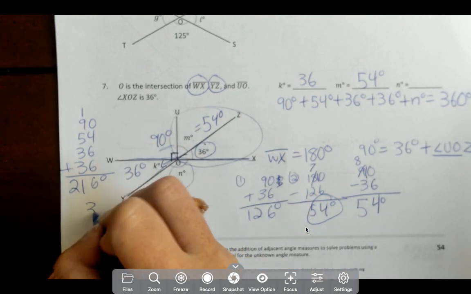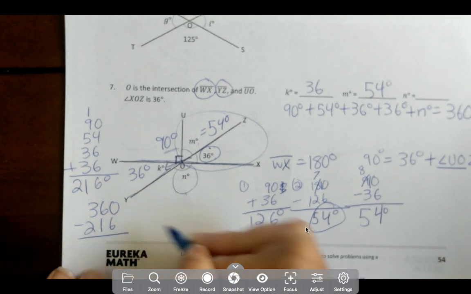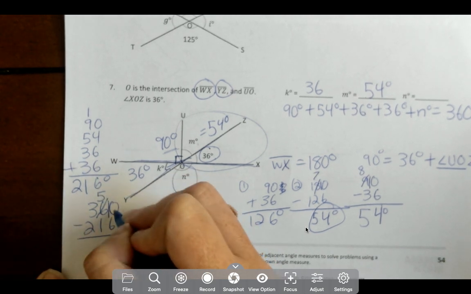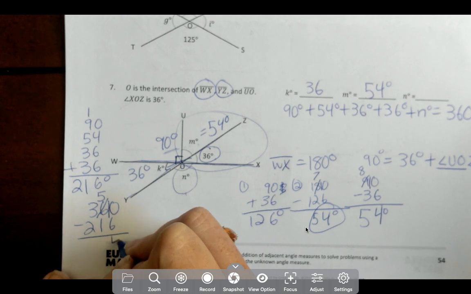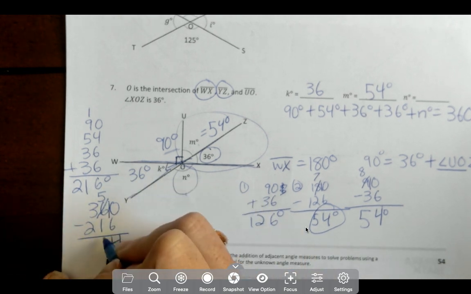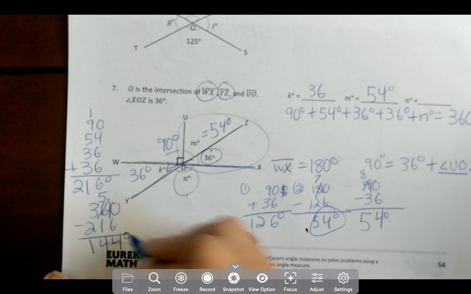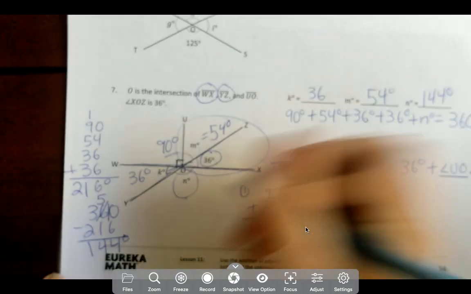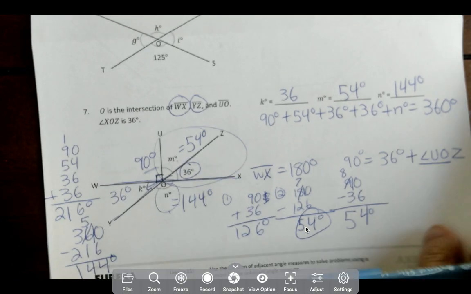Now I'm going to subtract 360 minus 216. 0 minus 6 you cannot do, so borrow. 6 becomes 5. 10 minus 6 is 4. 5 minus 1 is 4. 3 minus 2 is 1. 144 is our missing number. N equals 144. So that concludes today's lesson.